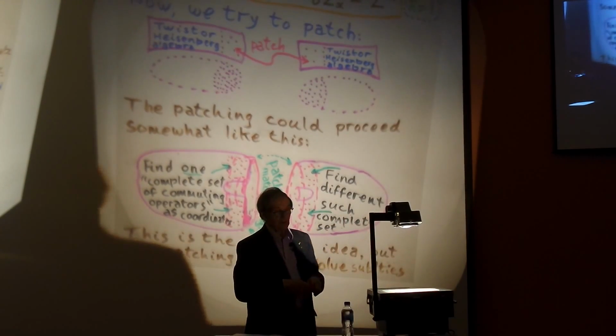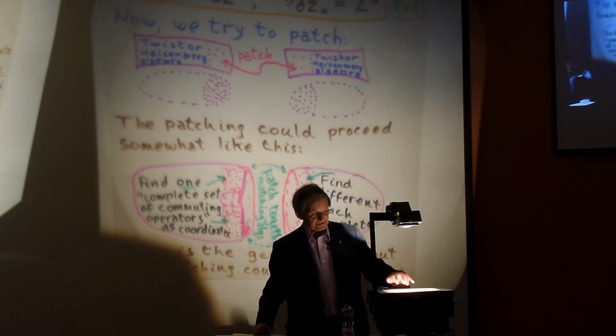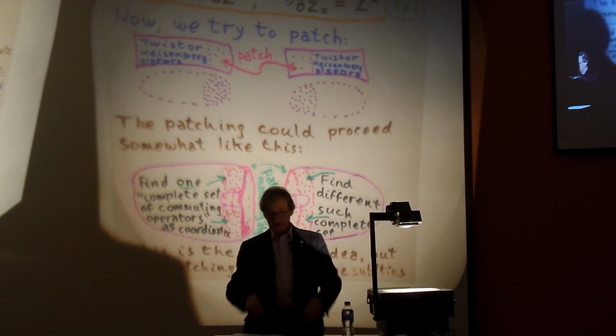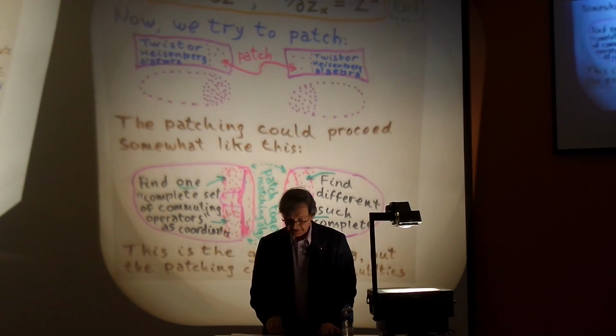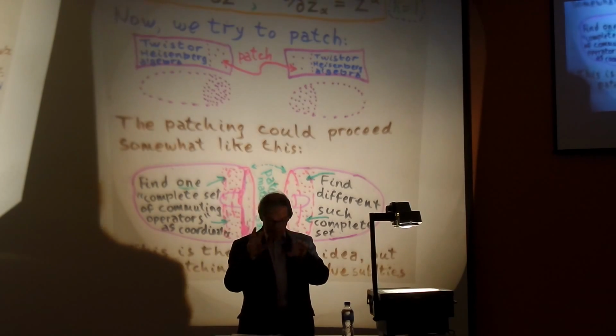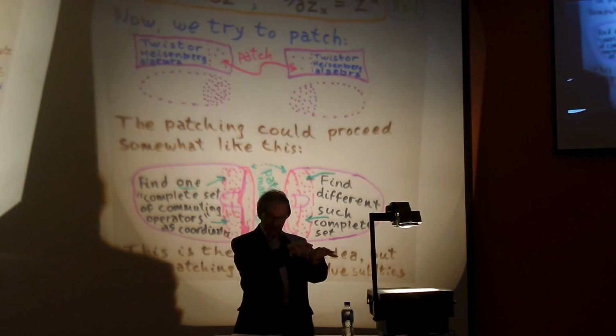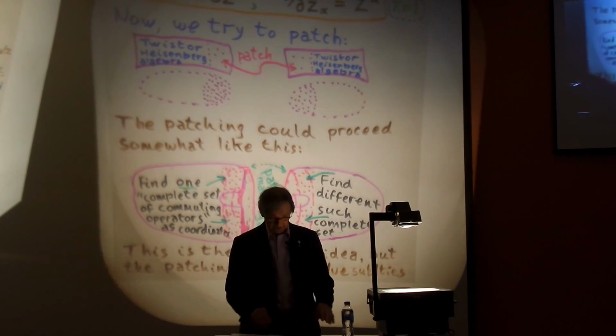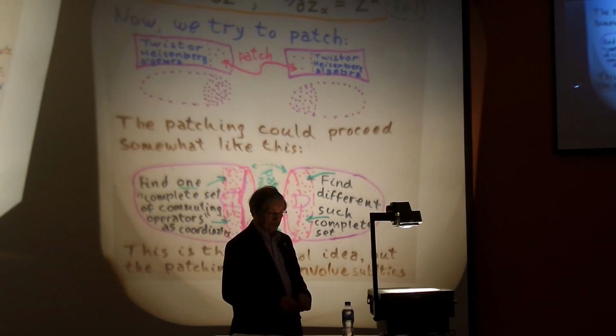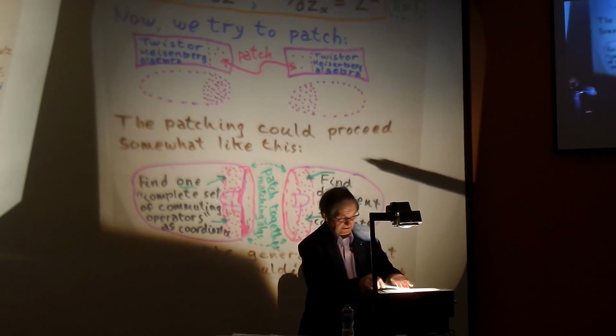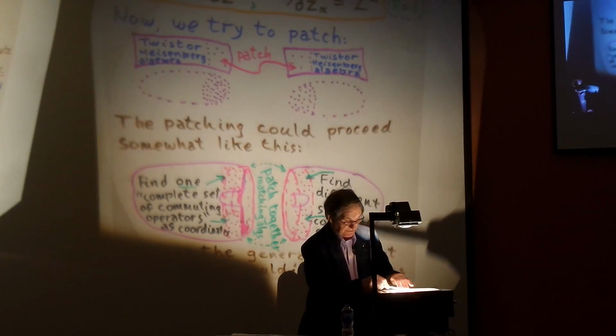Now you see, in quantum mechanics, it's the sort of thing physicists do. When you've got this algebra of operators, you look for a complete set of commuting operators. And then the rest of the algebra comes from derivatives with respect to those. And that's a very standard quantum mechanical thing. So now I'm saying, find a complete set of commuting operators for your algebra.